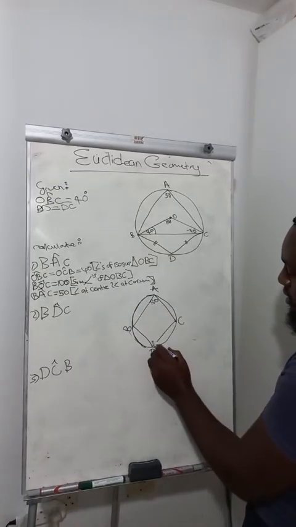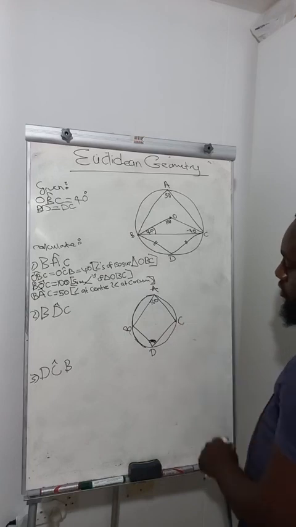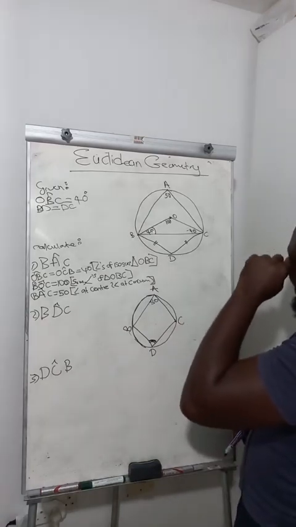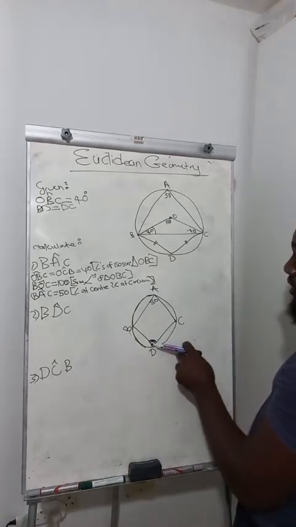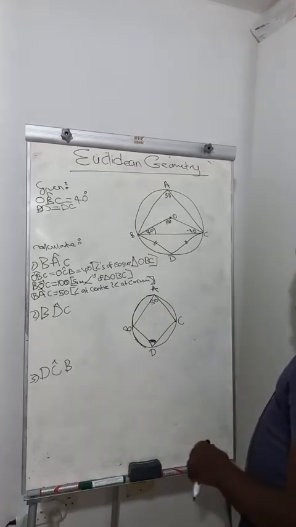I think there's someone who asked me about cyclic quads here. Now you need to think about the properties of a cyclic quad. These two angles are supplementary. They add up to 180.